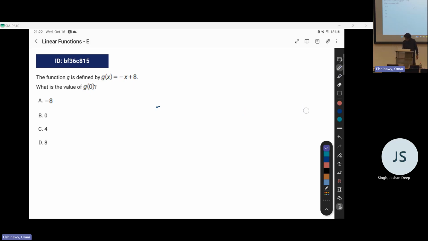So indeed, if you have g of x is equal to minus x plus 8, you just remove x and put your value for it, which in this case is 0. So that's not too difficult. Do you know what the answer is going to be? 8, right? Yeah. So far, it's not too tedious.